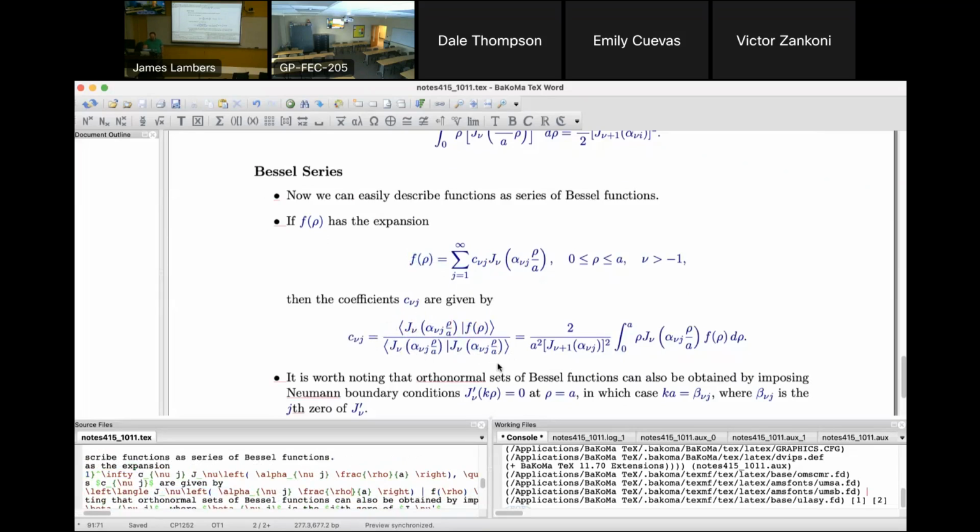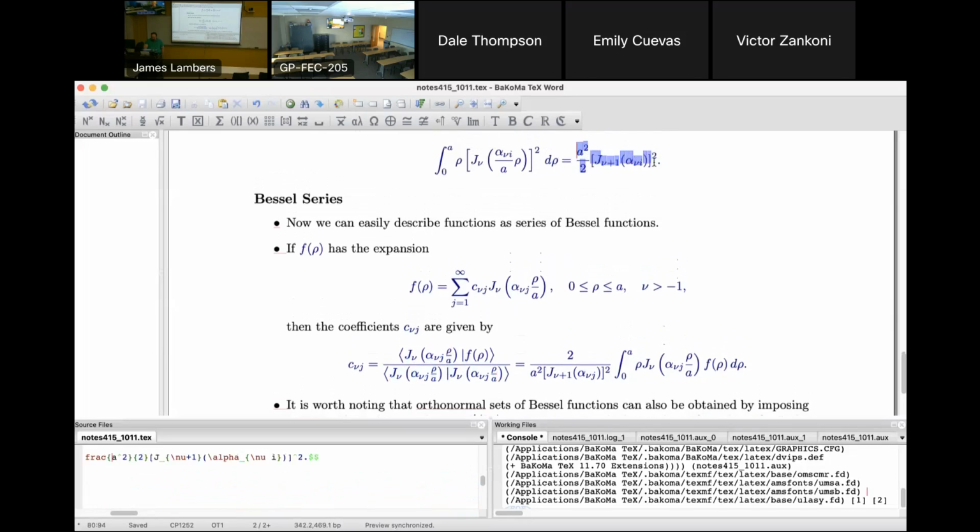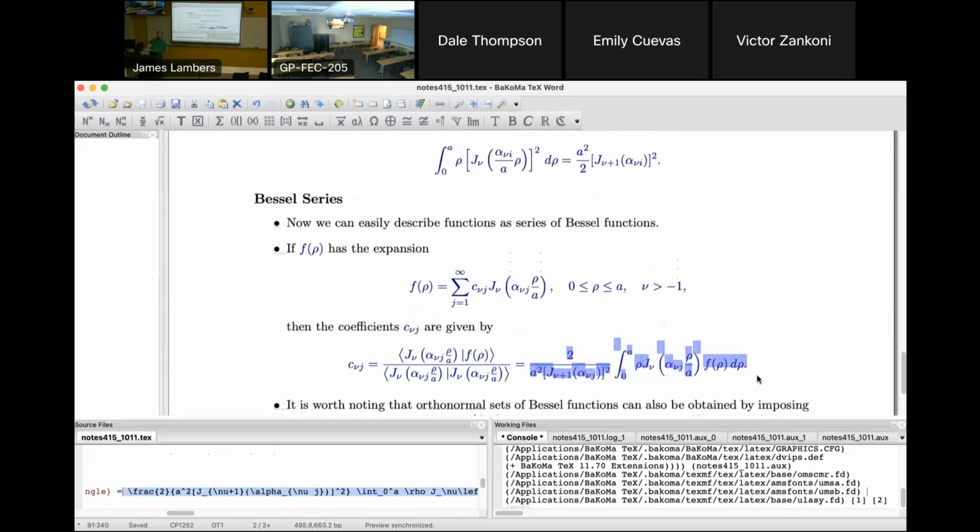So this is no different than what we saw at the beginning of the semester. Now, this denominator is worked out up here. So we go ahead and fill that in, so the reciprocal of it. And then this is the scalar product with the appropriate weight function of your Bessel function with the function you're expanding. So there you have it. That's the formula for all the coefficients.